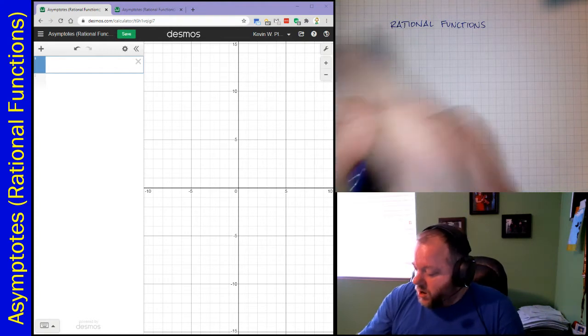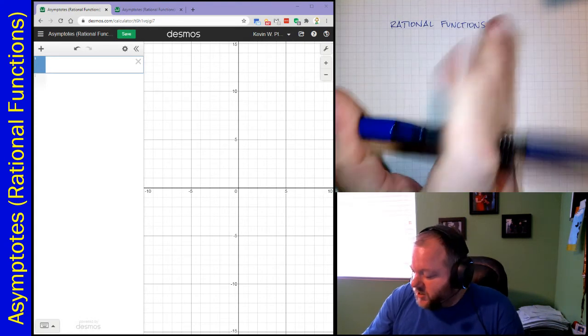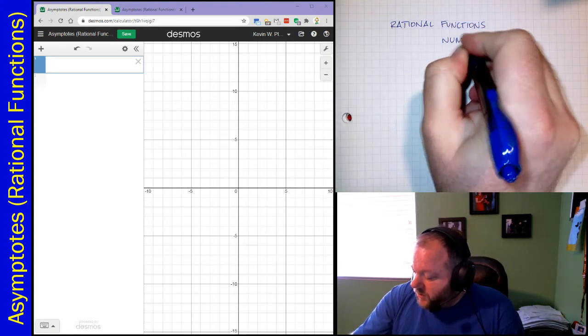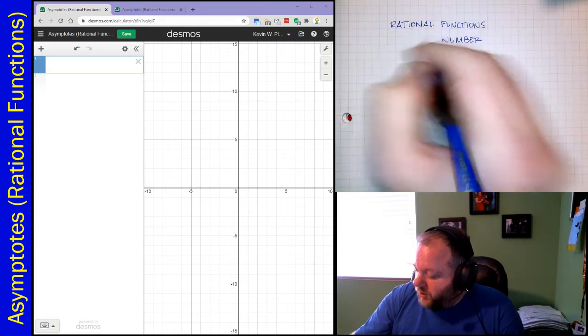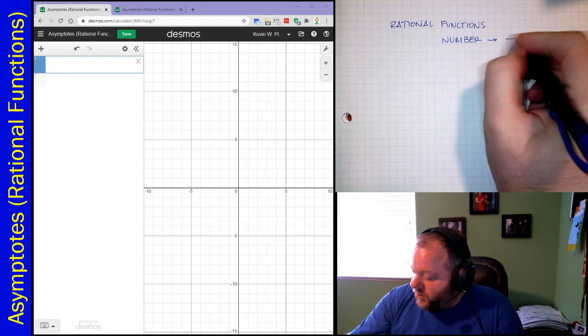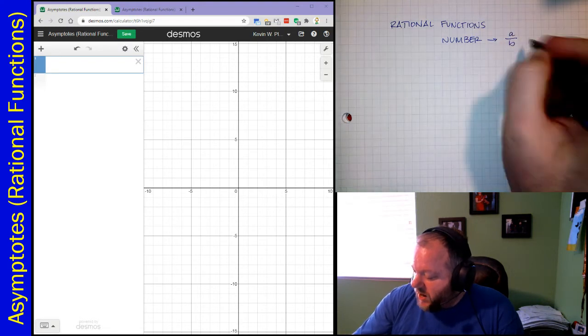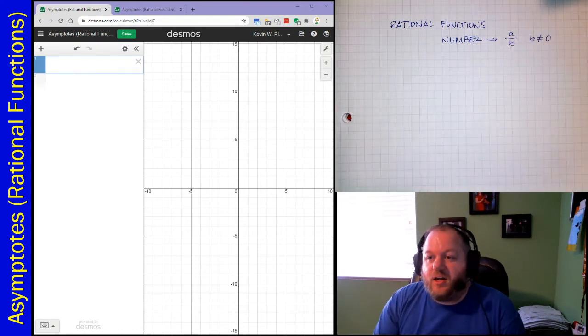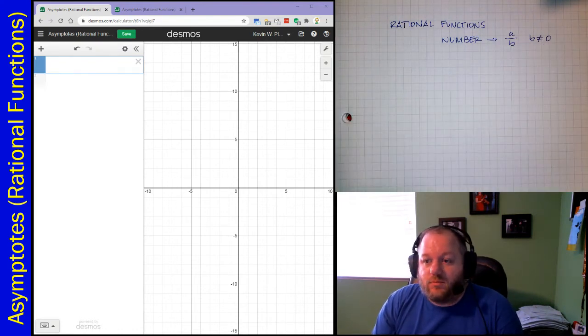functions. Now, a rational function is a lot like a rational number. If you remember your numbers, a rational number is a number that can be expressed as a fraction where the denominator is not equal to 0. That's a rational number.